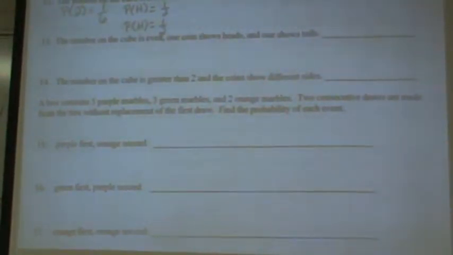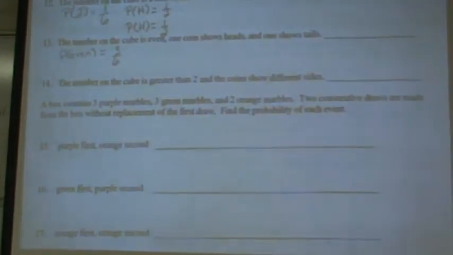For number 13, it wants the number on the cube to be even, one coin showing heads, and one coin showing tails. So the probability of an even number on the cube is 3 out of 6, because there are 3 even numbers.